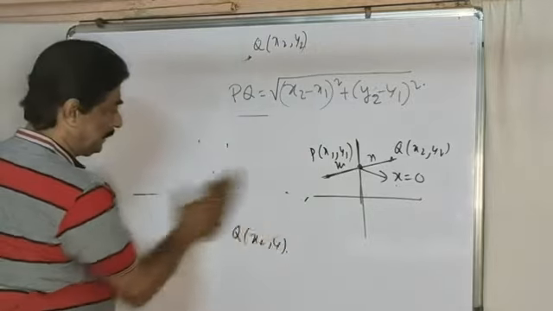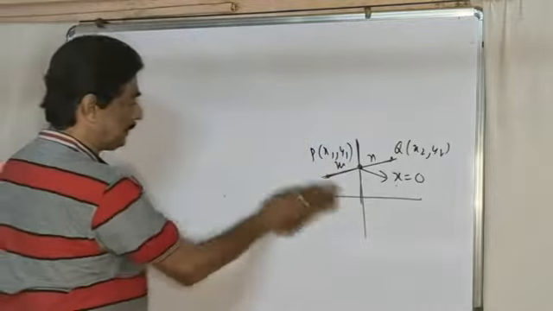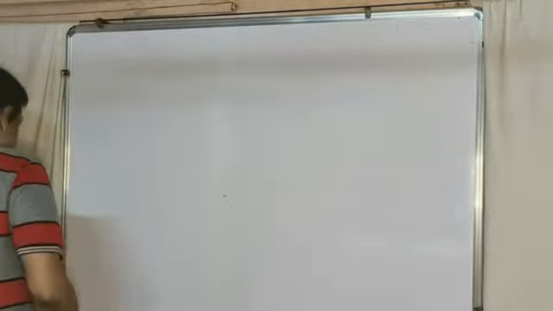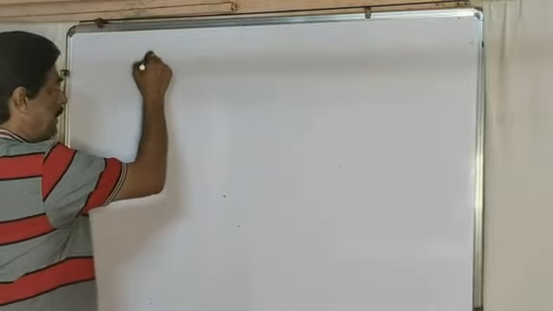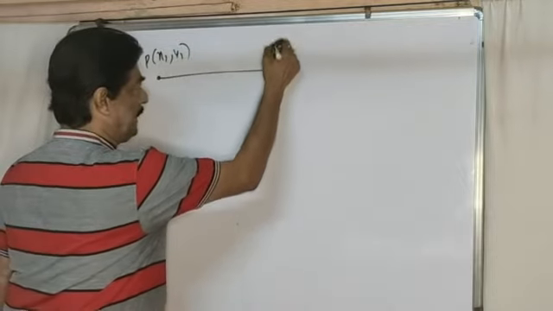These are the basics. You have to remember all the basic theory. They are giving the basic theory and then application. Let us consider there are 2 points, one is P (x1, y1) and second is Q (x2, y2).